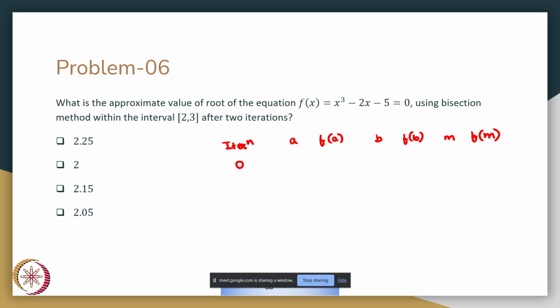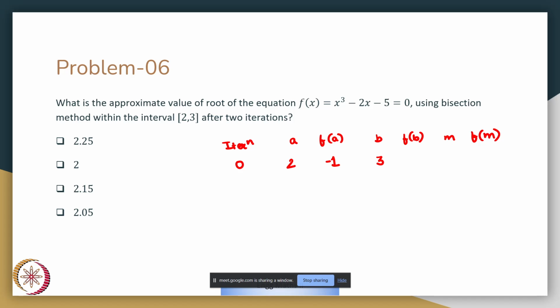For the zeroth iteration, we are given a to be 2. So f of a would be 2 cube, which is 8, minus 2 into 2, which is 4. So 8 minus 4 is 4, minus 5. So f of a is minus 1, and b is 3. So 3 cube, 27, minus 2 into 3, which is 6.